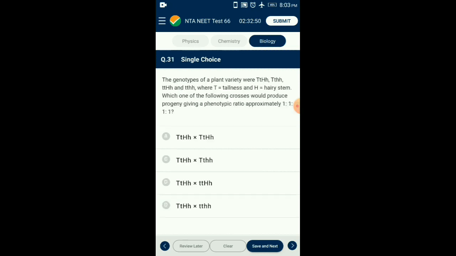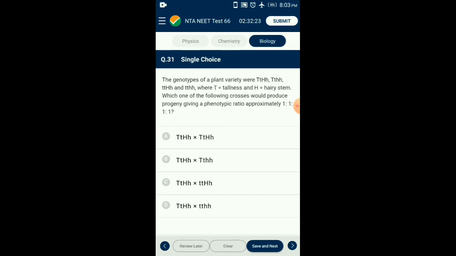Question number 31. The genotypes of a plant variety were capital T, small t, capital H, small h; capital T, small h, small h; small t, capital H, small h; and small t, small h, where capital T is tallness and capital H is hairy stem.